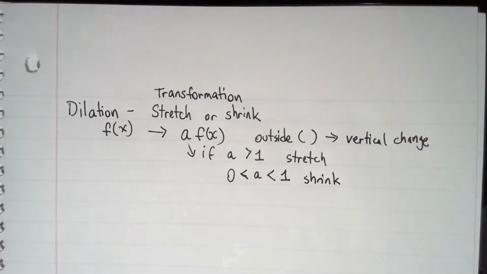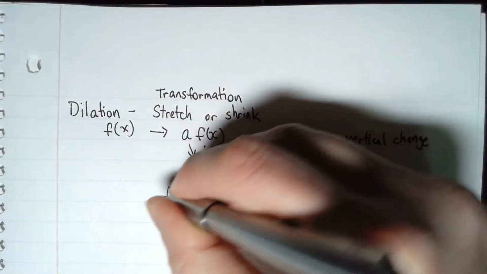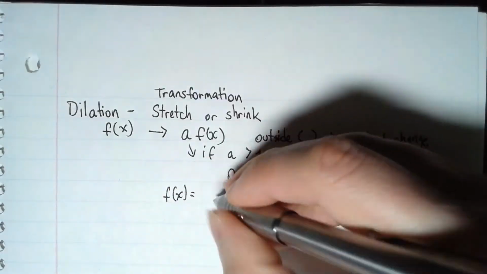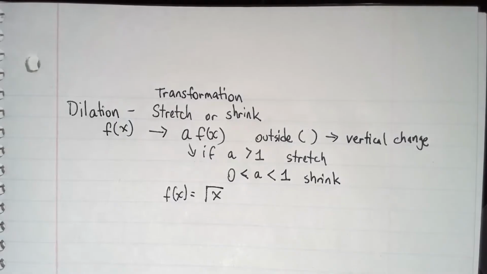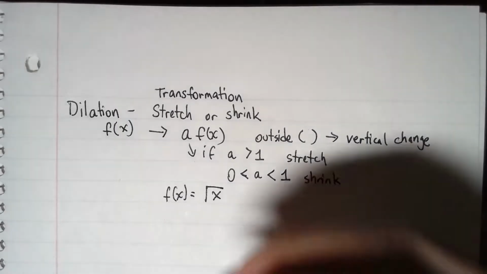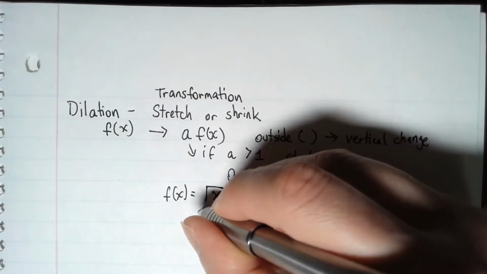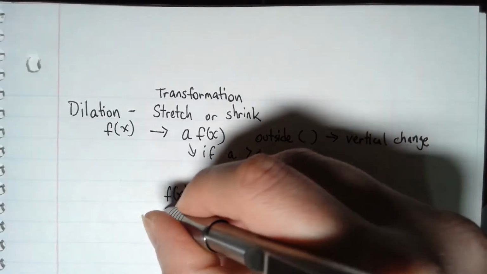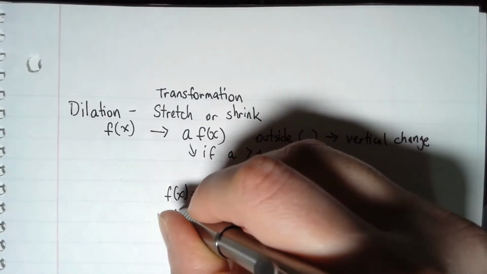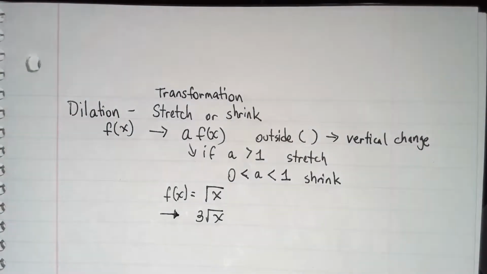So, for example, let me give you something more specific. What if f of x was square root of x? Then let me put a 3 in front. And what if it changes to 3 square root of x?